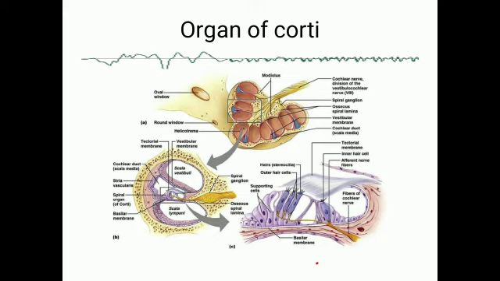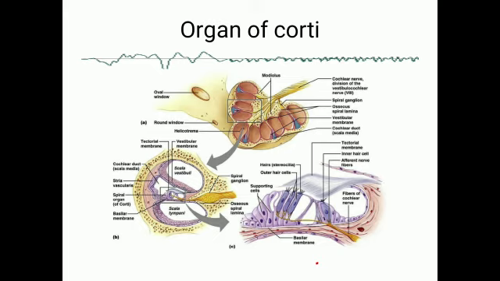The inner hair cells are arranged in a single row, and the cells are somewhat shorter and round. The cells are also less numerous, about 3,500 in number.